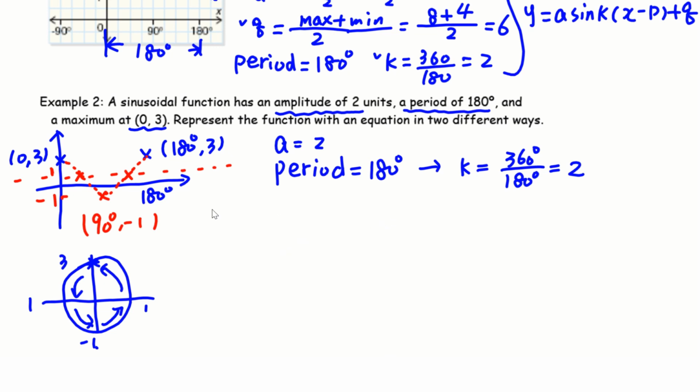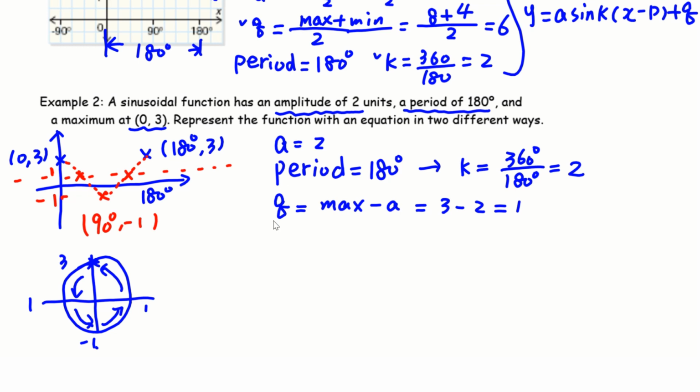Then we are going to find the midline, that is your Q value. From the maximum to the middle: maximum minus the A value gives you the middle. So 3 minus 2, that is the midline.